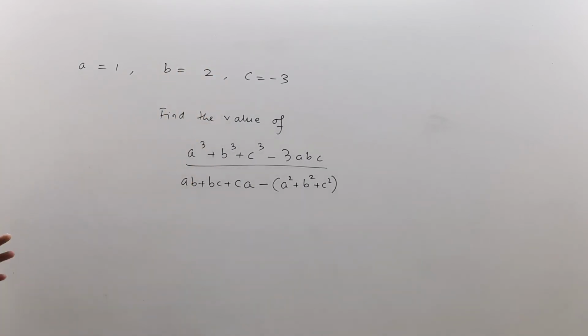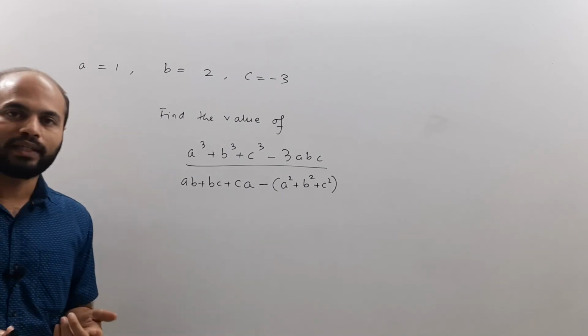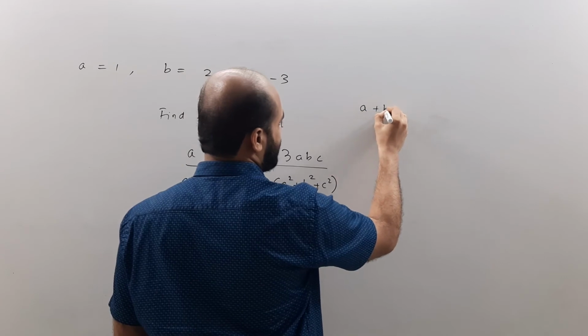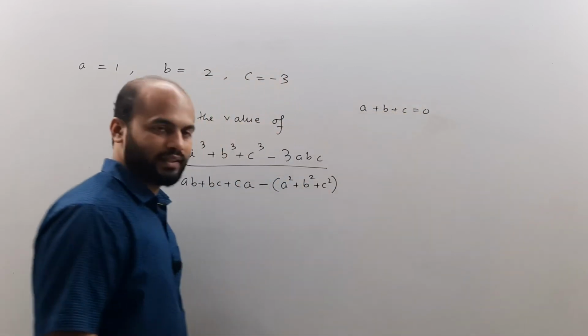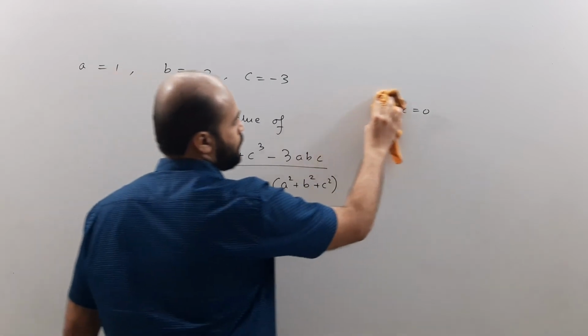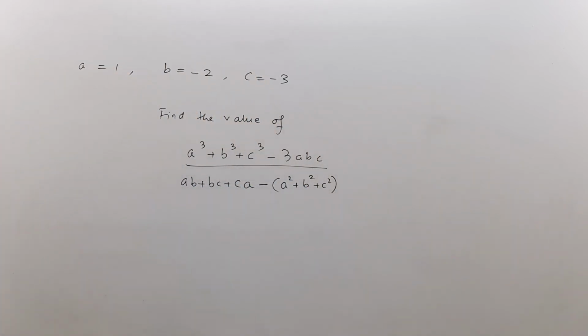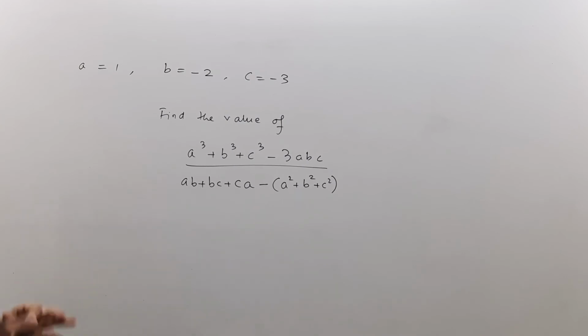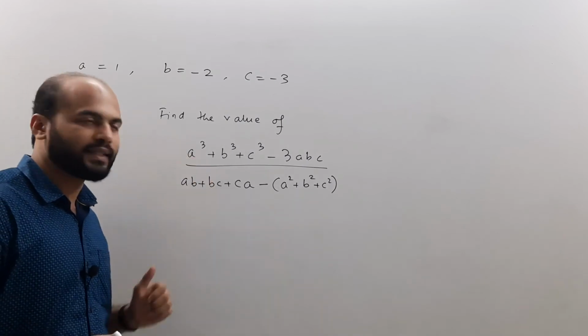Now if you add a, b, c, you will not get a plus b plus c equal to 0 in this case. But one thing we know for sure, that this could be expanded.